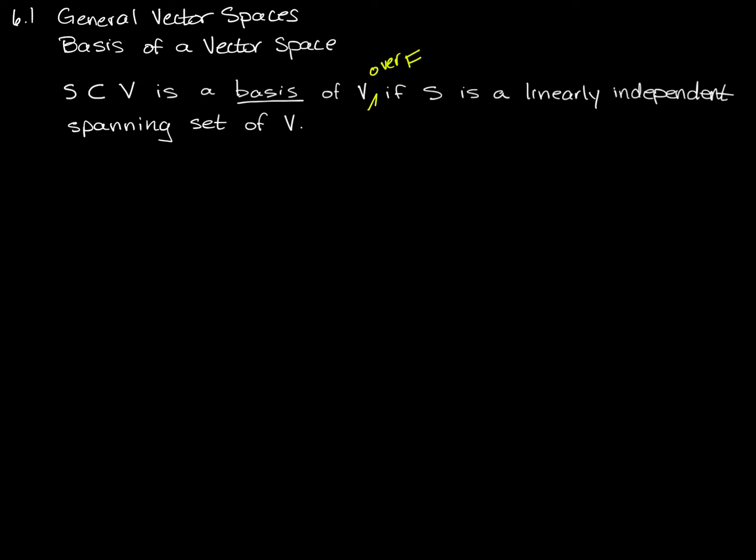One is a set of polynomial vectors, and one is a set of 2x2 matrices. I'm going to leave those to you to read through and try, because I think they're fairly straightforward.